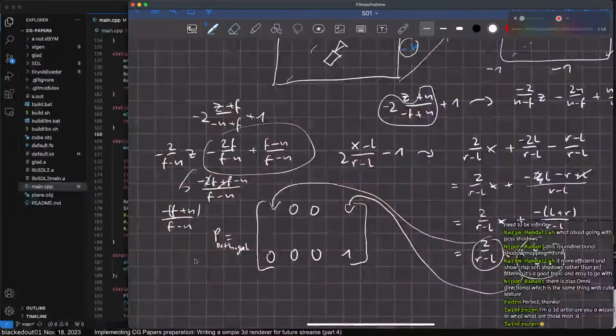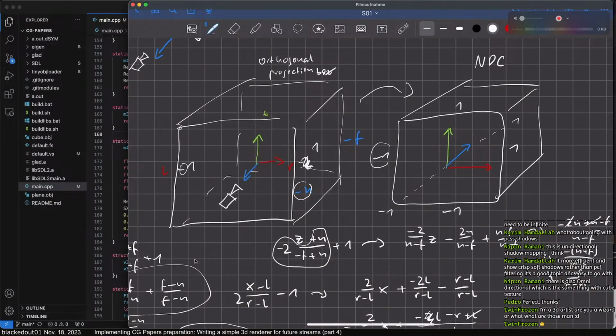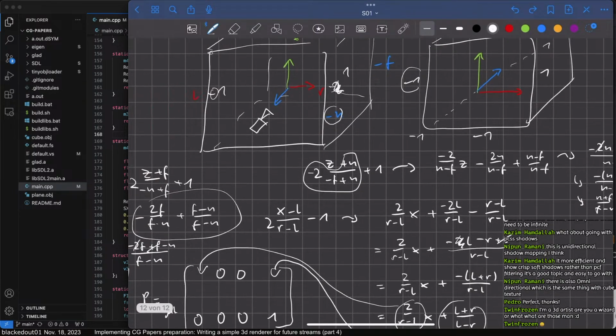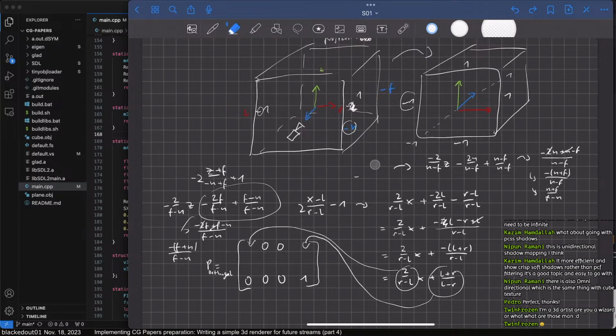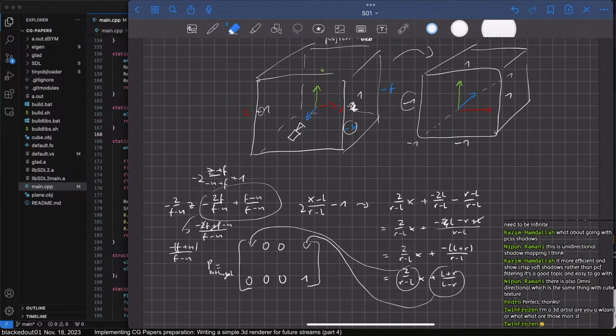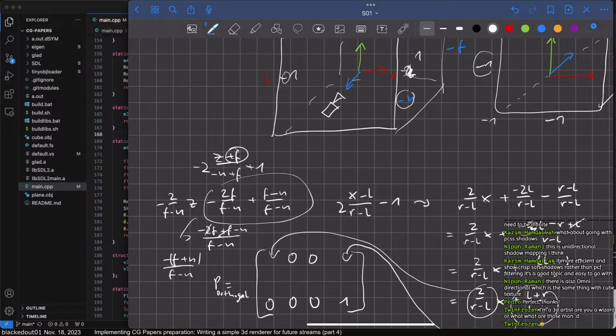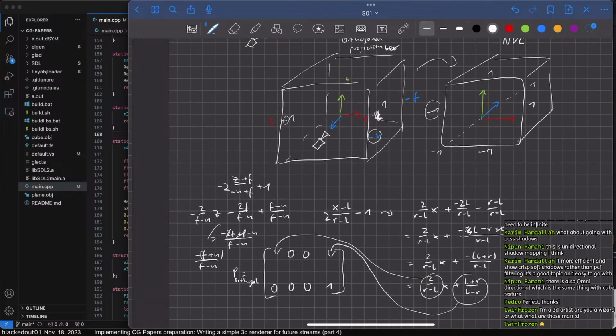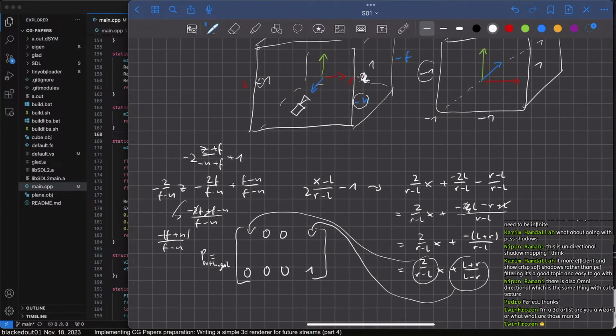Yeah, this looks better. So the mistake I made was that minus f is actually the smaller of the two. So let's delete this here because it's wrong, because I have to subtract the smaller of the two values. Yeah, but even though I made a mistake, that's the orthogonal projection matrix.